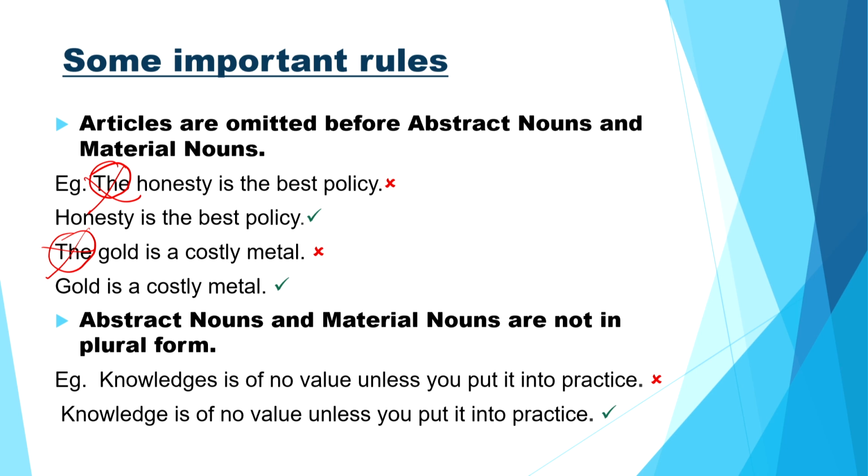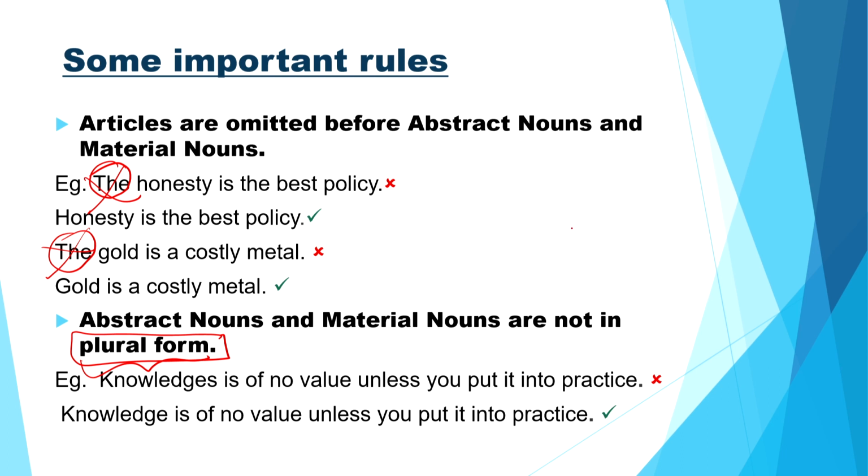For example, knowledge is of no value unless you put it into practice. Wait, before starting this, first of all let us discuss plural form. A noun that denotes one person, thing or place is called a singular noun. For example, an apple. Whereas a noun that denotes more than one person, place or thing is called a plural noun.